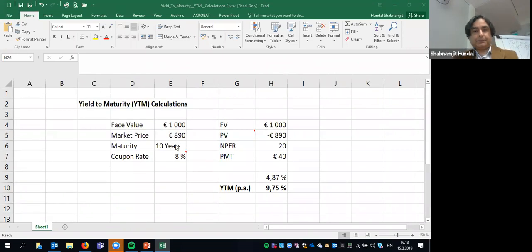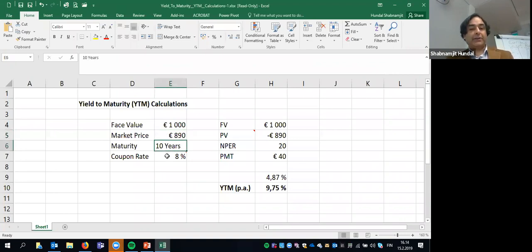Okay, let's say the face value of the debt is 1,000. And I'm just playing with the numbers. The market value of the debt has gone down. So over the time, the company's reputation has gone down or whatever, just opposite to what I was telling in your case. The market value has gone down. The maturity is still 10 years.